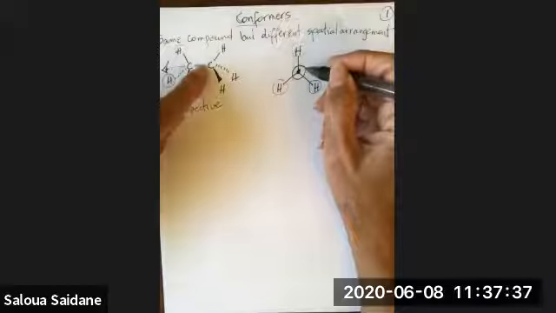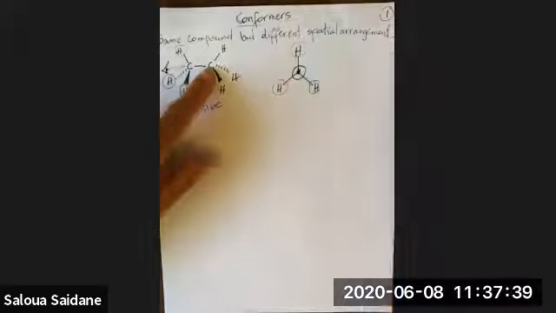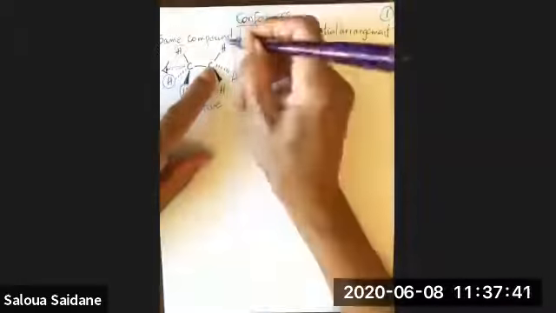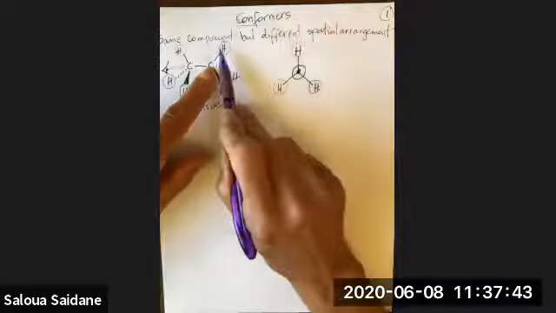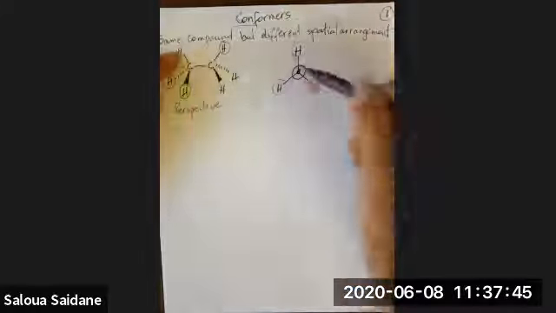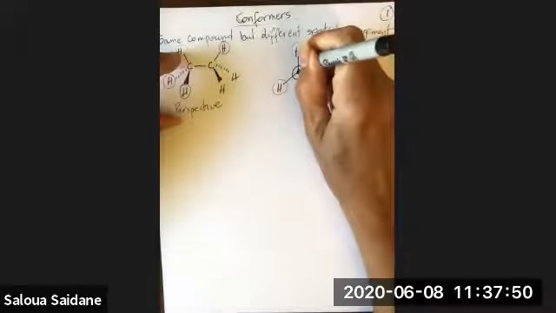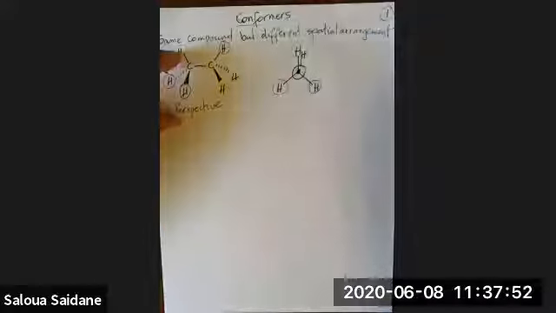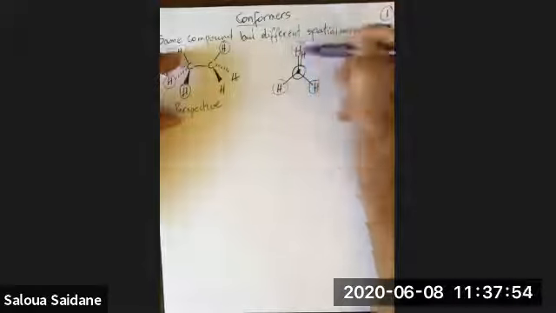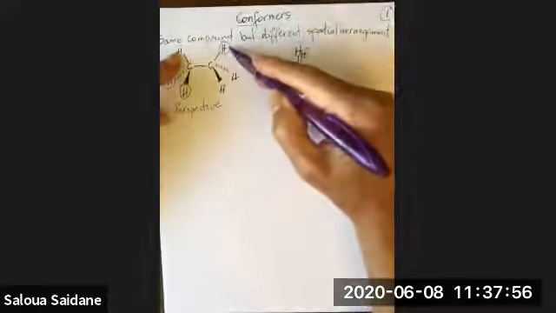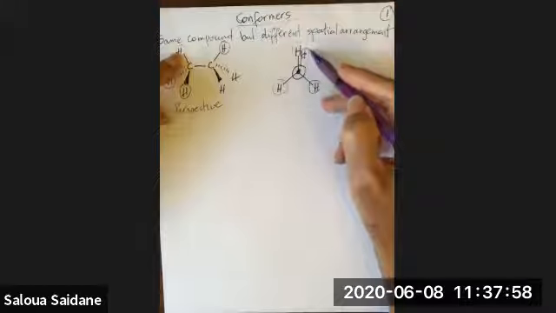Now, what is attached to this carbon? You see that there is this hydrogen right there that is right behind this one. So in the back, I'm going to have an H, that's the purple one. So they're behind each other. The orange and the purple are behind each other.